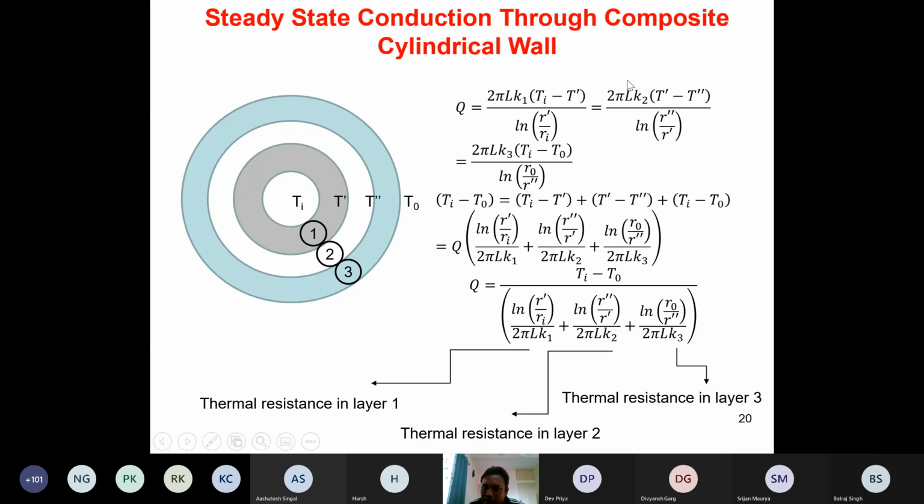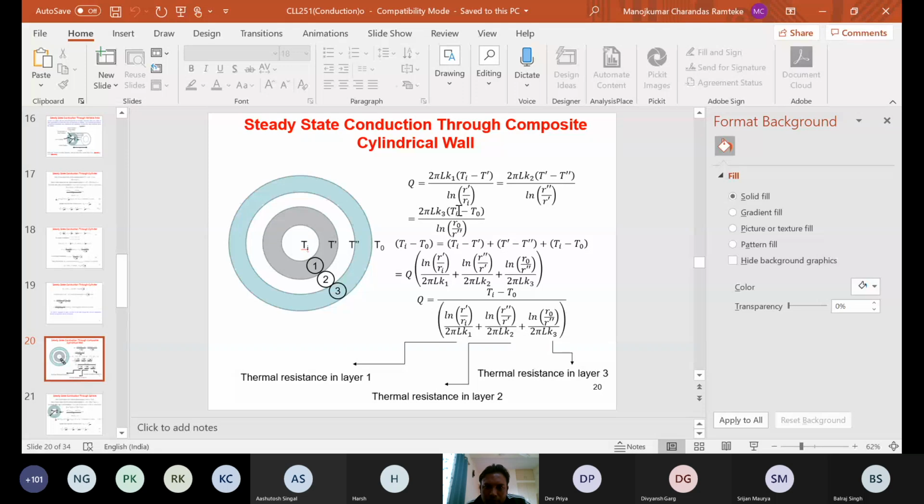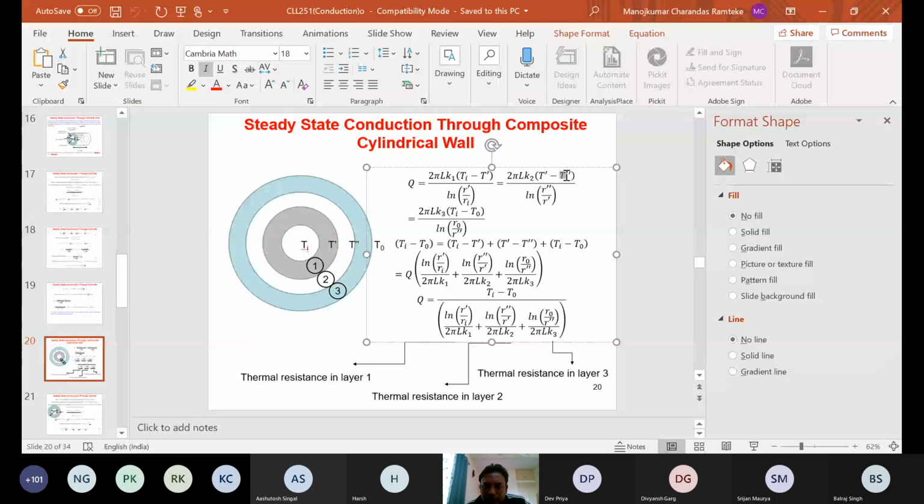Okay. So again, for the second slab, we can write down the expression as 2 pi Lk2 (T dash minus T double dash) divided by ln R double dash by R dash. Similarly, that should be equal to the expression for the third slab.